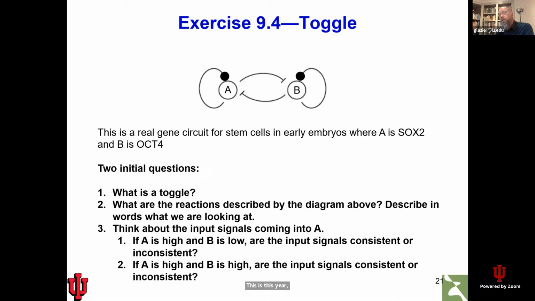there's a whole approach to analyzing these networks. This was called Boolean networks, where you say that the values of A and B are not continuous, but just 0 or 1. And so then you treat these as logic circuits, and you time step the situation.